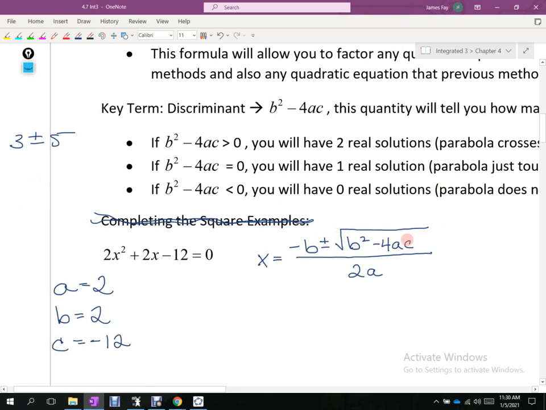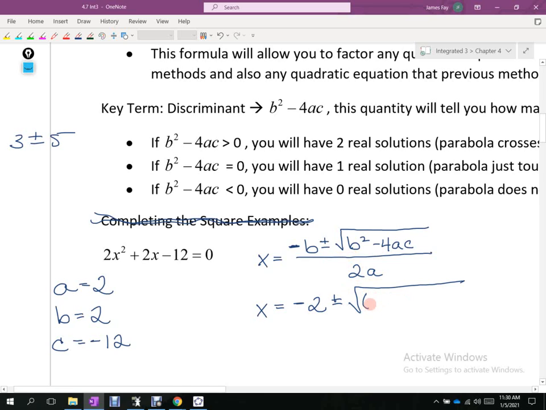Now that we've got the formula, all we have to do is plug things in. This is going back to what we did in week 2, substituting. x is always going to be x. This minus sign is always going to be a minus sign, so it's going to be minus 2 right now. Then we've got plus or minus, and the square root. Things inside the square root, when I substitute, I always like to put parentheses around them.